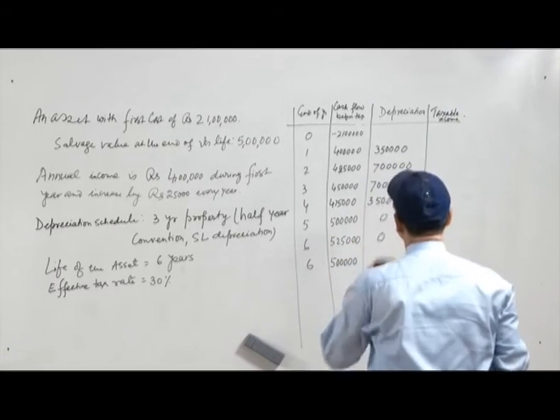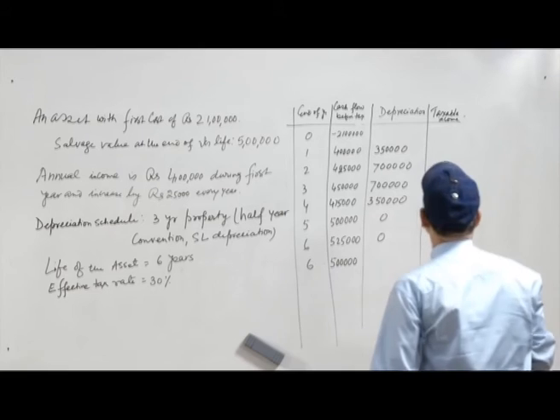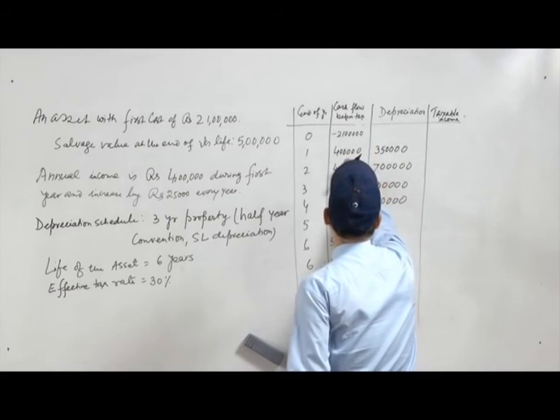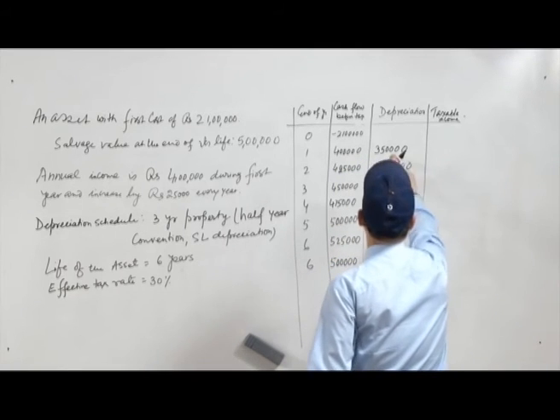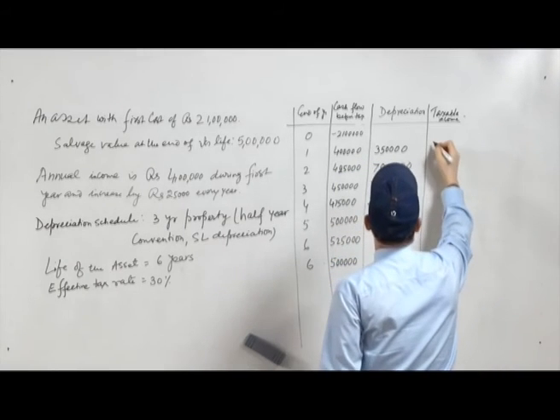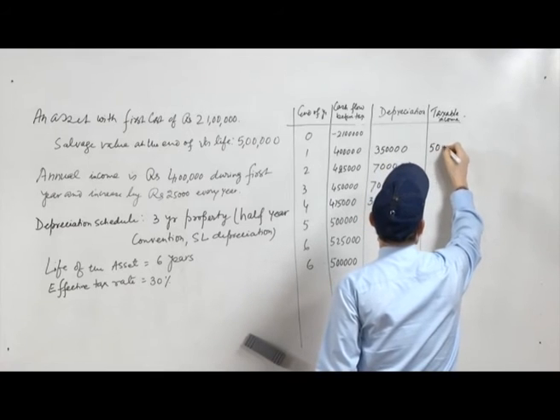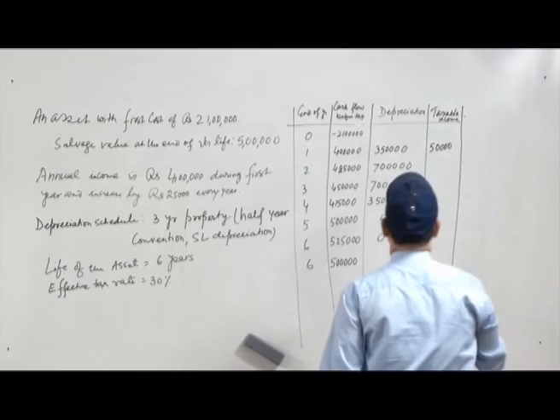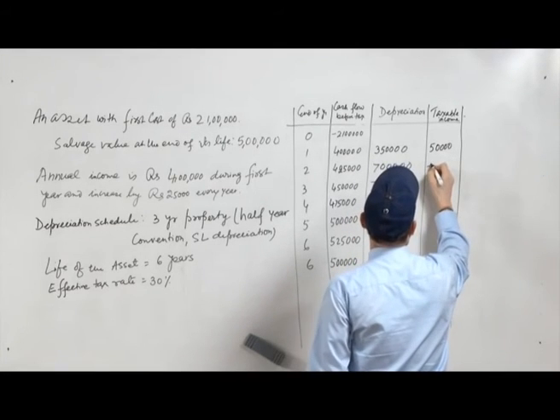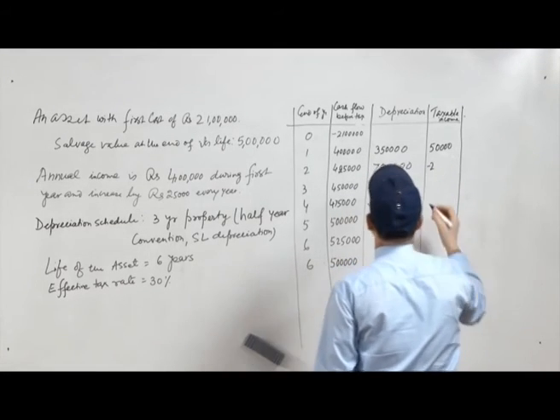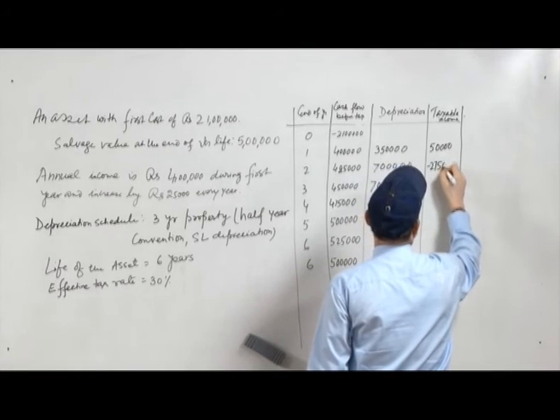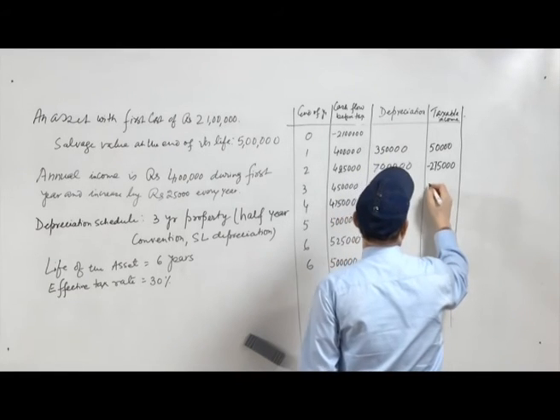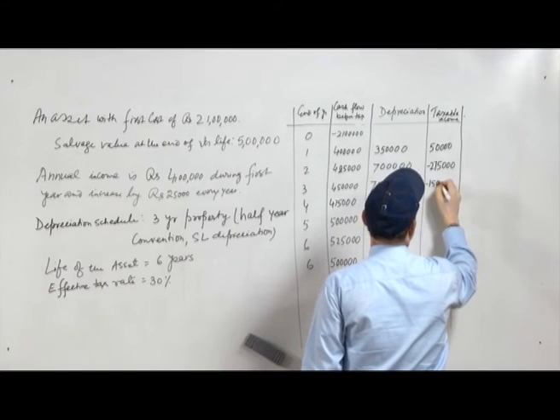Further, you have to calculate the taxable income. In this case, the taxable income will be the cash flow minus the depreciation charge. So it will be 50,000. It will be here minus 2 lakh 75,000. Then here it will be 1 lakh 50,000.